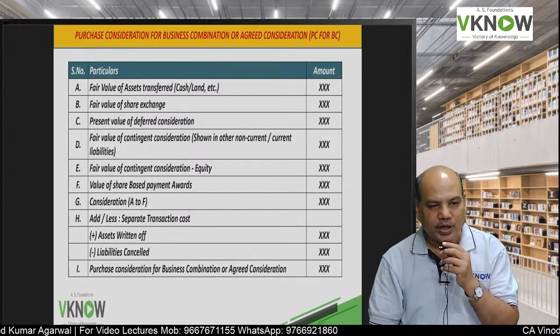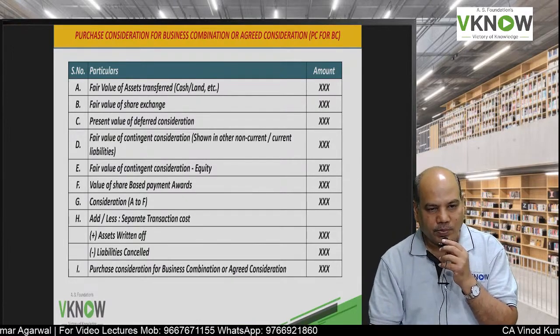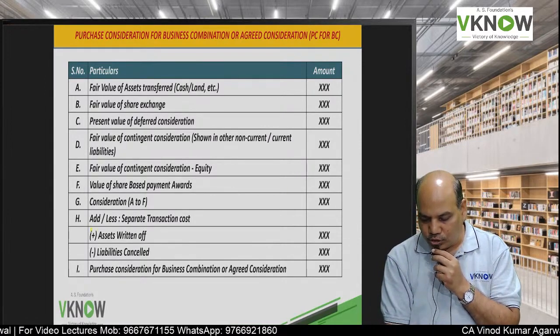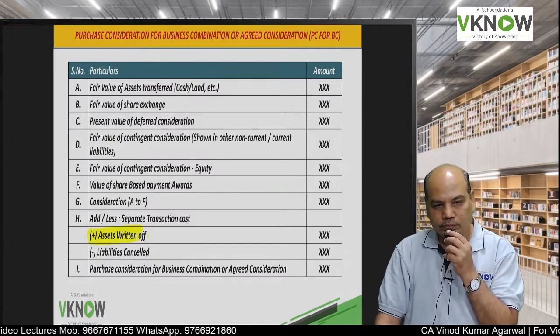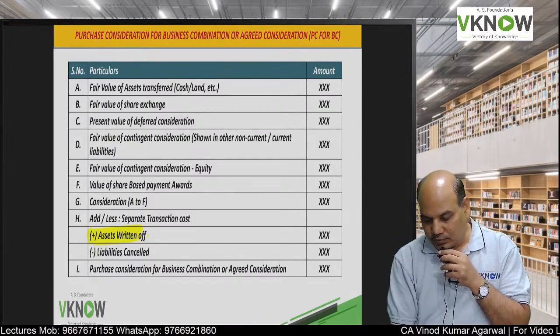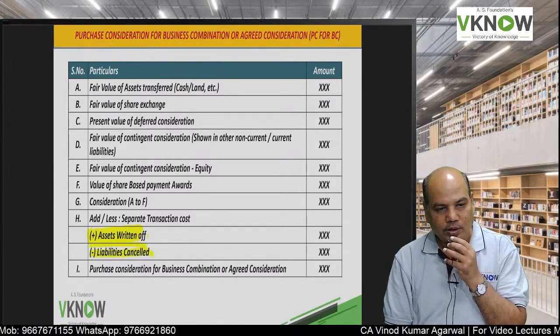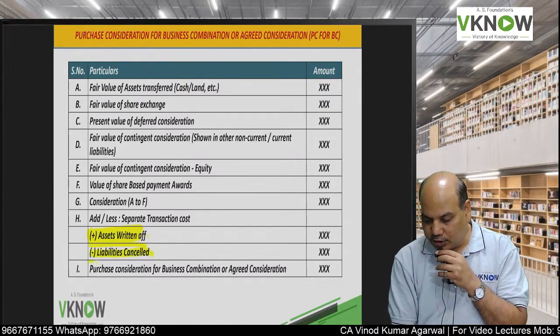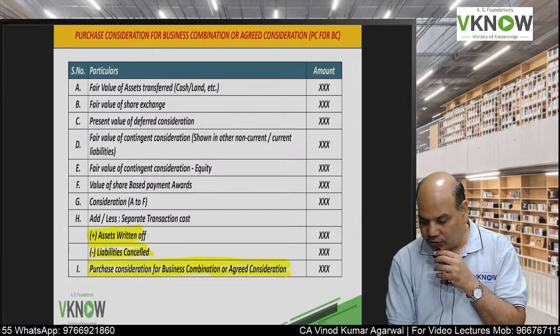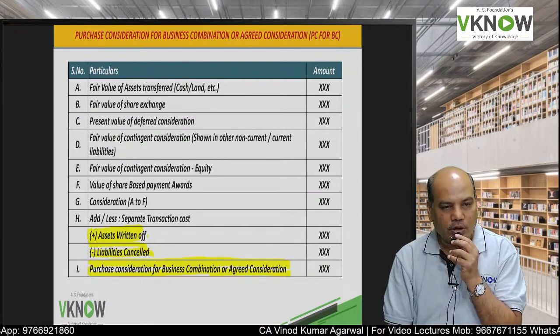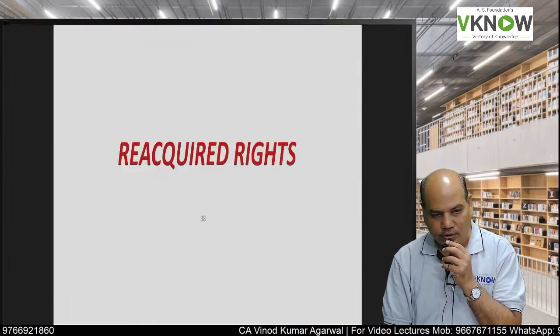All those pre-existing relationships will also be closed. So in that case we are going to make an adjustment. If any asset is written off, we will add, and if any liability is cancelled, we will deduct. This will give me purchase consideration for business combination, PC for BC, or agreed consideration.